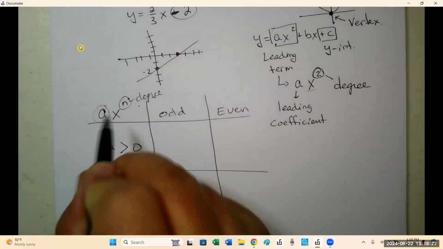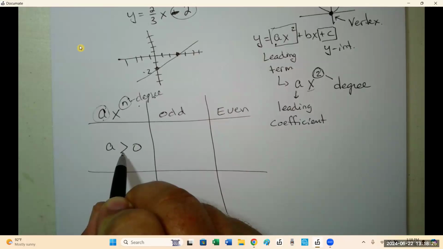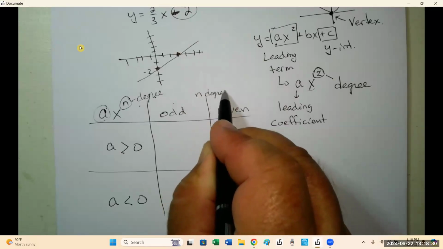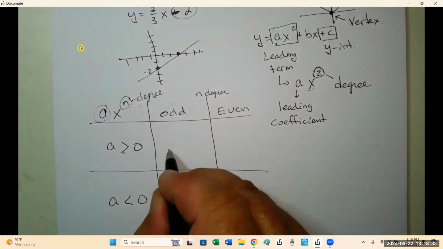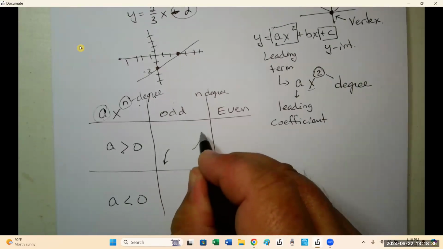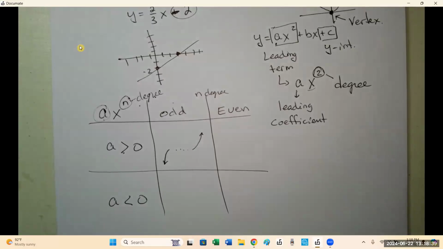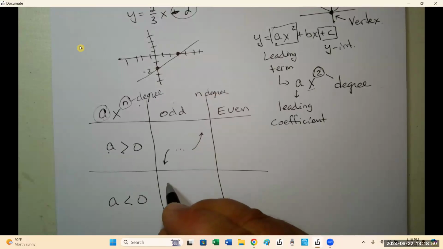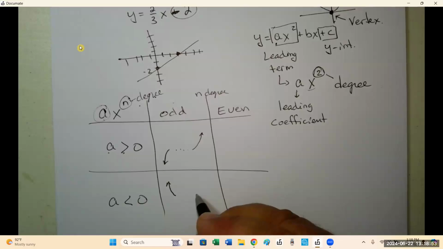All right, so if a is positive and n, this is your n, your degree, is odd, then we know that the two ends of your equation go opposite directions, and it's going to the right, it's going up, since a is positive. If the degree is odd and a is negative, then both ends go opposite directions, and the left side goes up, right side goes down. It's a decreasing function.